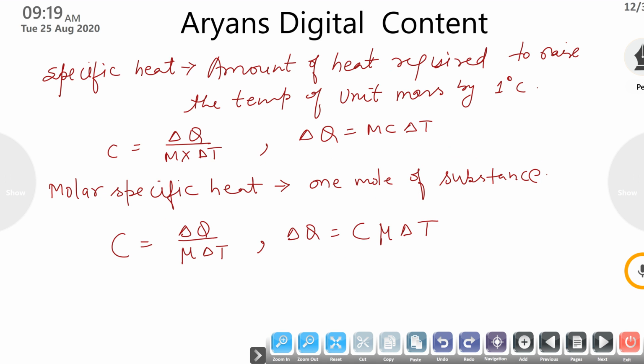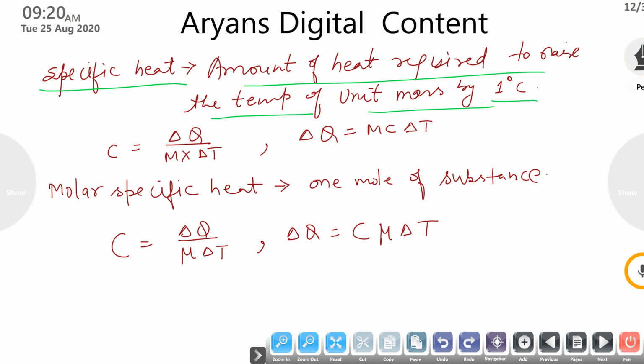Then specific heat. Specific heat is nothing but the amount of heat required to raise the temperature of unit mass by 1 degree centigrade. It means you are increasing the temperature of an object by 1 degree centigrade for a unit mass of the object, and the amount of heat required is known as the specific heat for that object.